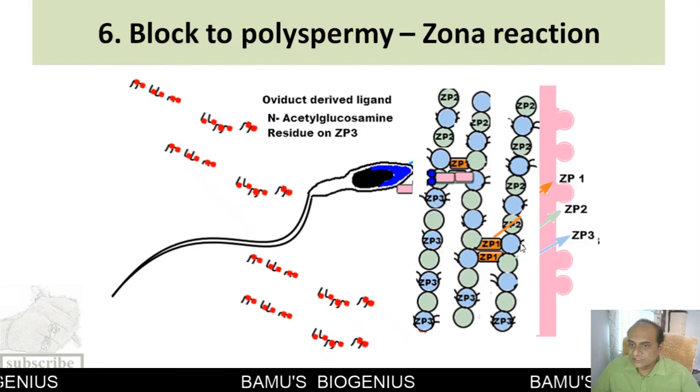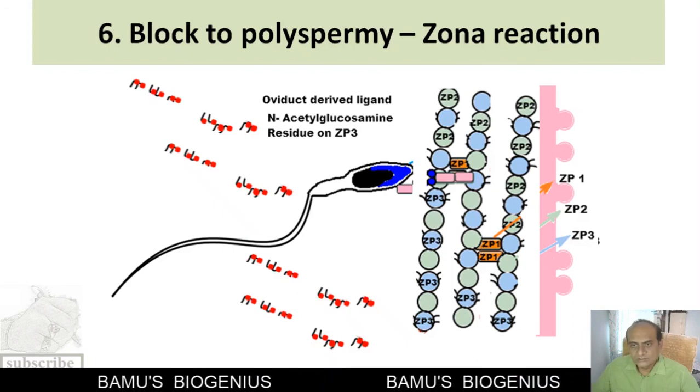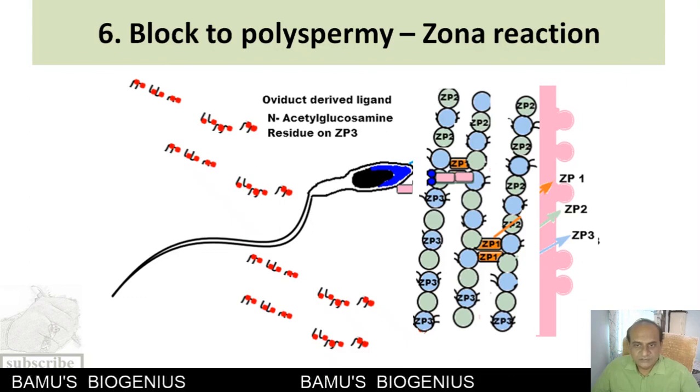There is also a change in the ZP1 and ZP2 proteins present in the zona pellucida. So this is how block to polyspermy is achieved.